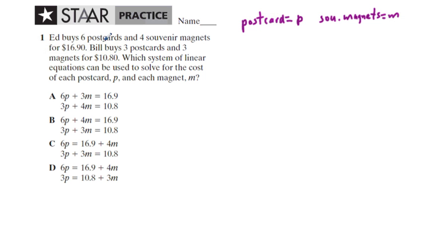And so Ed buys 6 postcards, so that's going to be 6p plus 4 magnets, and he spent for those $16.90. And then we have Bill buys 3 postcards, so that'd be 3p plus 3 magnets, and for those he spent $10.80.